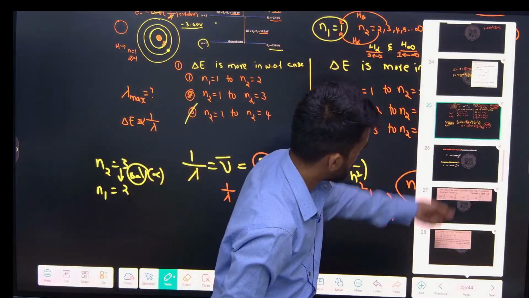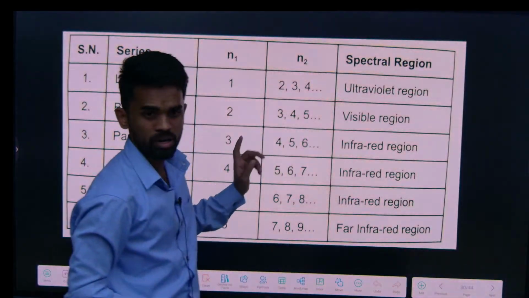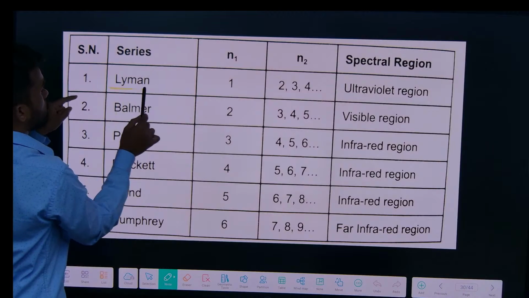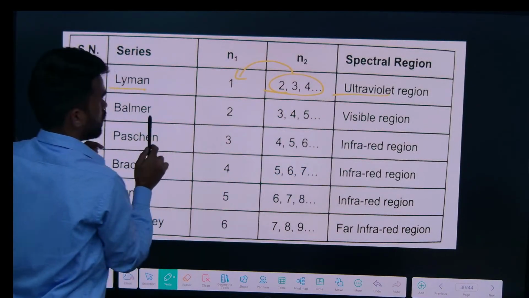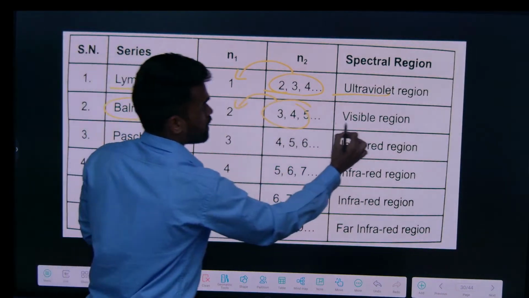Here, this is again an important table from the NEET exam point of view. Lyman series, any higher energy state to first, is UV. For the Balmer series, any higher energy level to second will be visible.